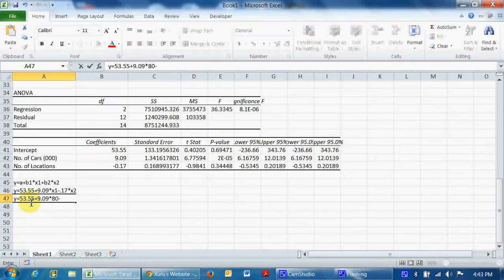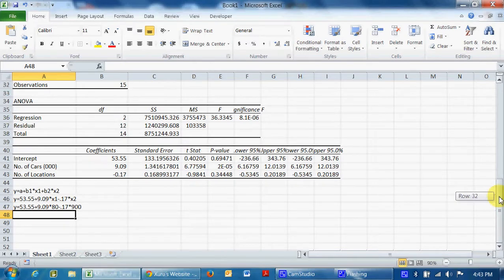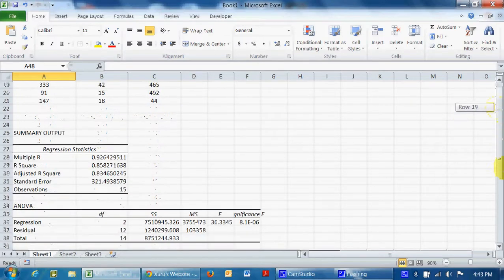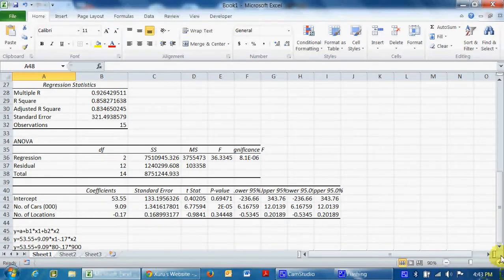Minus 0.17 times X2, which we now know is 900. Hit enter. The reason I know that X1 is 80 instead of 900, which is X1 and which is X2, we can simply look up here, and X1 is number of cars. So the number of cars they gave us as a predictor is 80,000. Number of locations is X2, that's 900. So we already know which was X2 and which was X1.